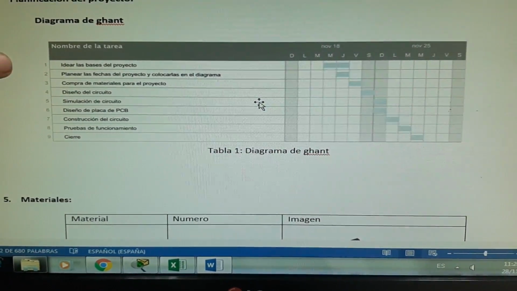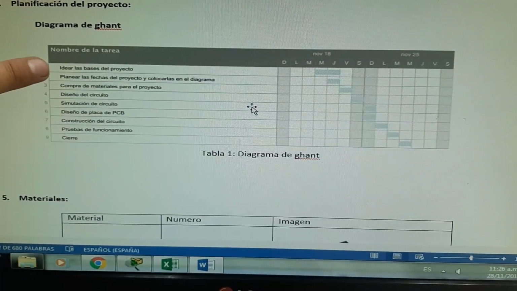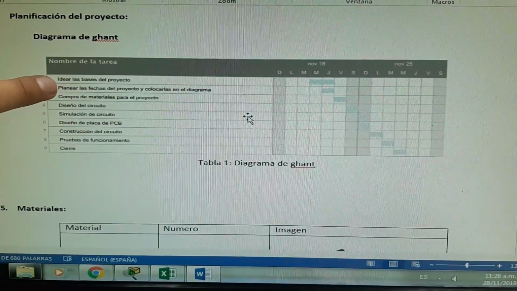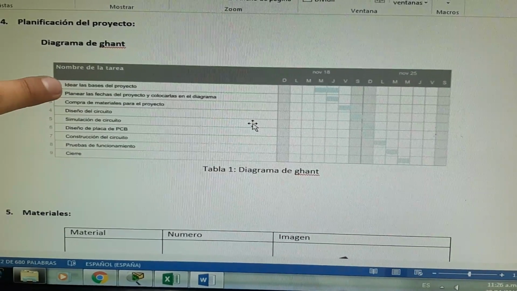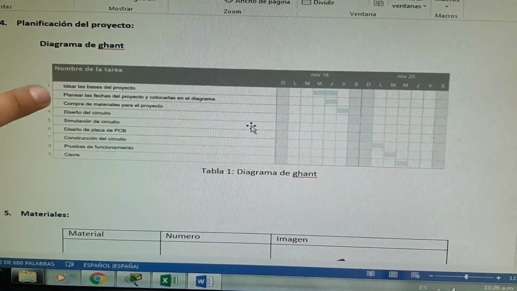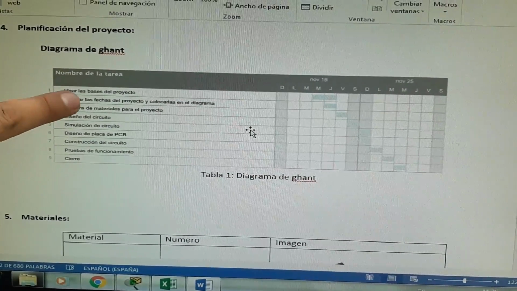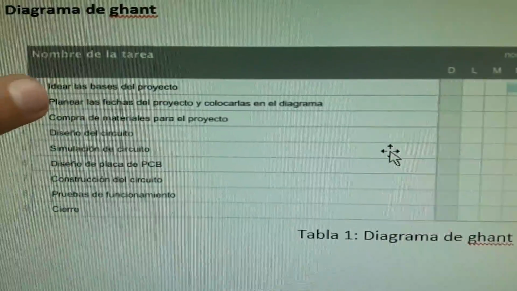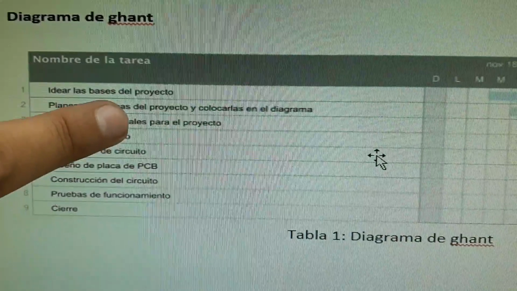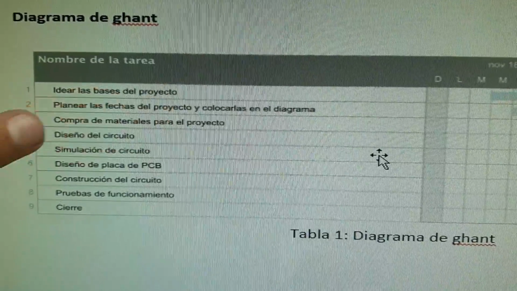First, how we define the basis of the project, and then planning the dates of the project and how it is put in the diagram.